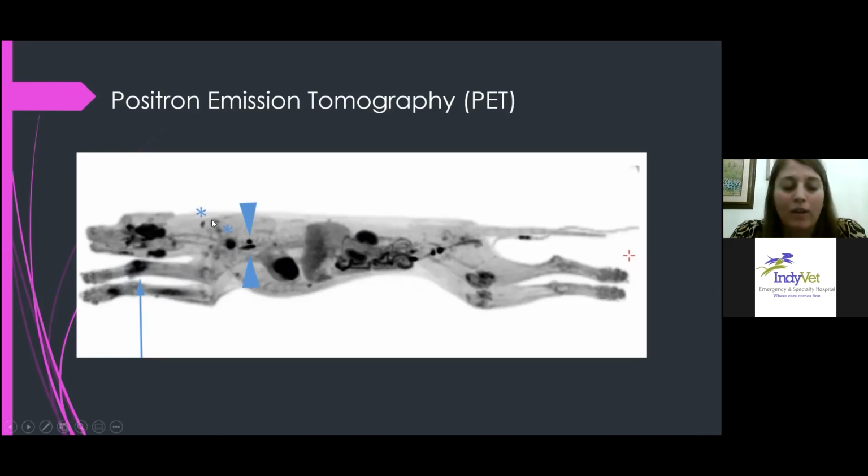These little asterisks are lymph nodes that have increased metabolism, and the big arrows here are the vertebrae and the scapula that indicate metabolism of this primary lesion. We can combine PET scanning with a CT in this case, or we can combine it with MRI.